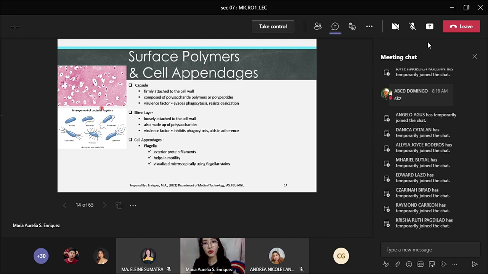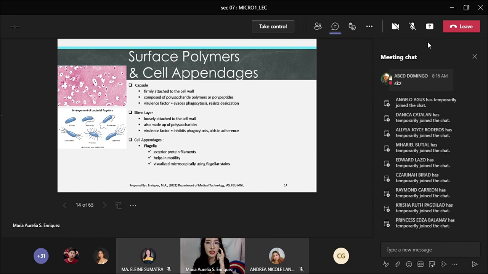Now, if it has one flagellum on each end, then we would call that amphitrichous. And if it has multiple flagella on one or both ends, then we would call them lophotrichous. Pero in some references po, kapag both ends merong multiple flagella, it may also be referred to as cephalotrichous. Pero ayun po, in general, we just simply use lophotrichous.